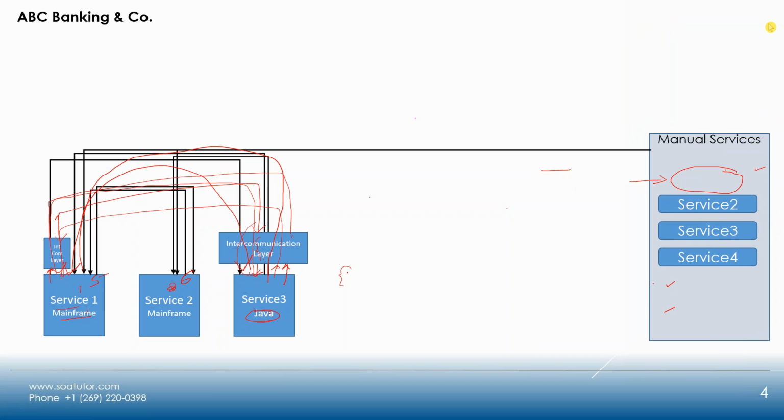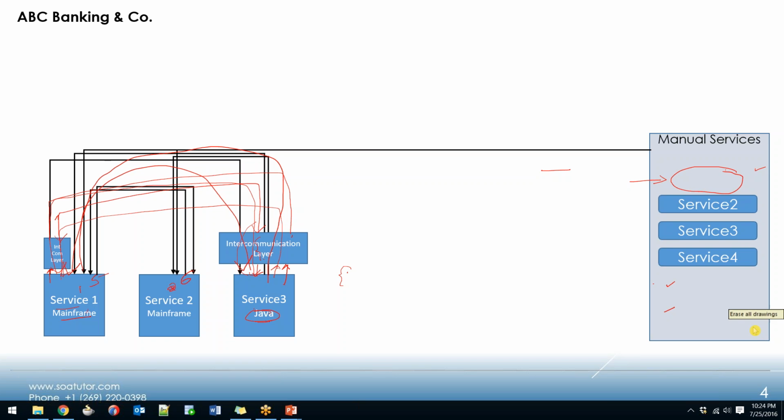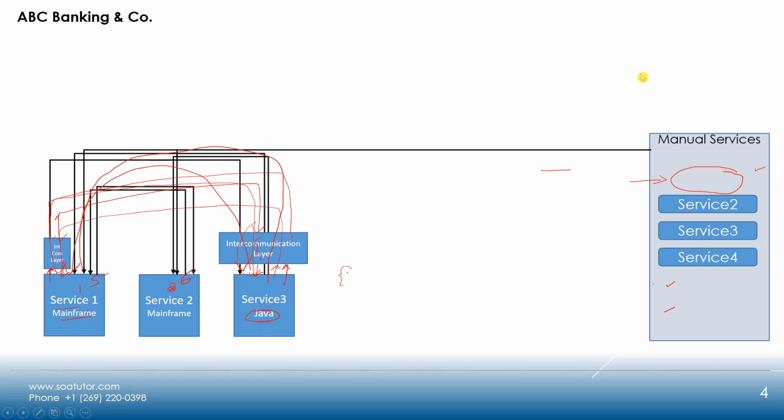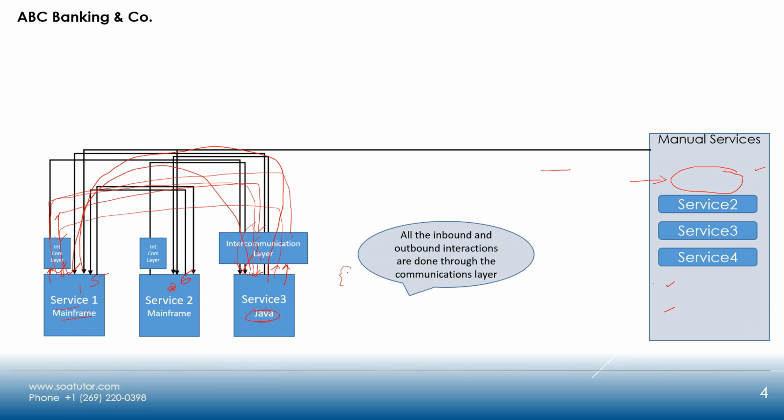Okay, now it's working. So even service 2 communication also happens in the same way. So all the inbound and outbound interactions are done through the communication layer.